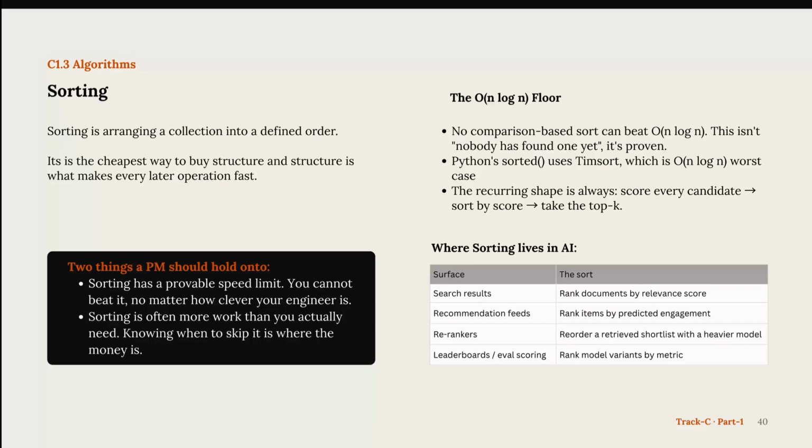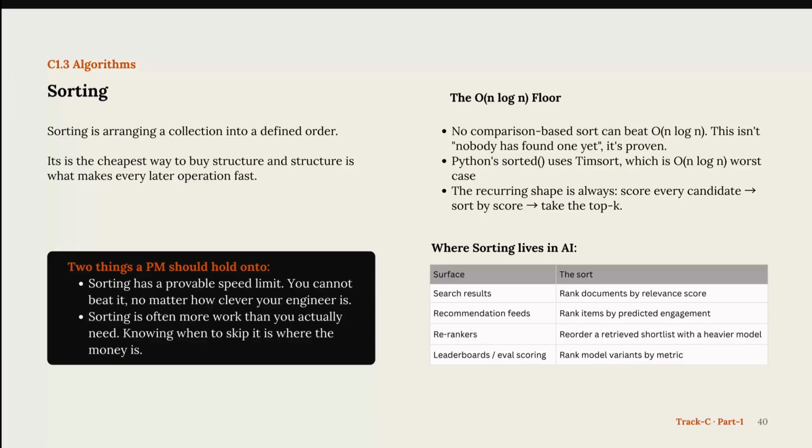And there is a floor beyond which we cannot reduce the cost, and that floor is O(n log n), the order of n log n. No comparison based sort has beaten this performance, and that's why it's called the floor. It's not a guesstimate, it's proven.